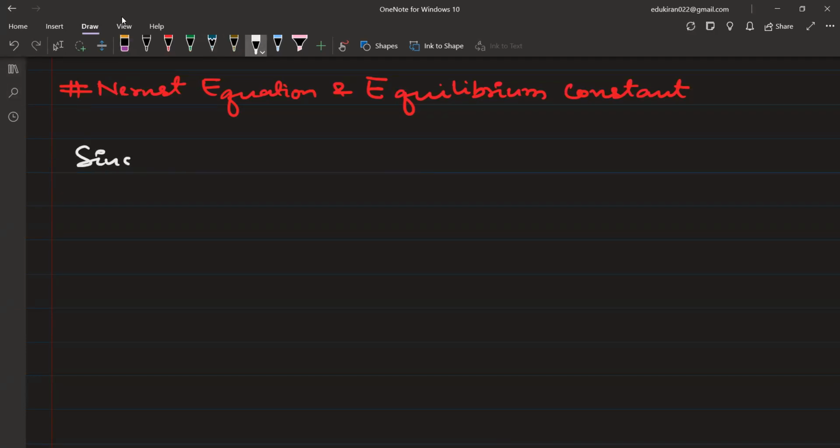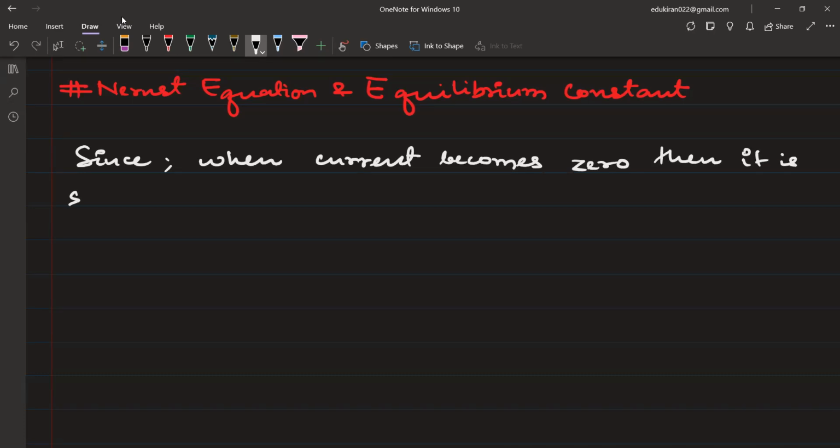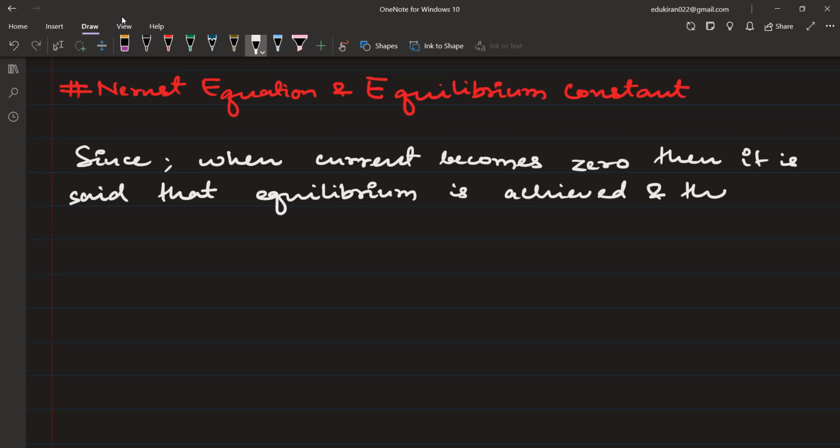So right here, when current becomes 0, then it is said that equilibrium is achieved, and the E cell is equal to 0.